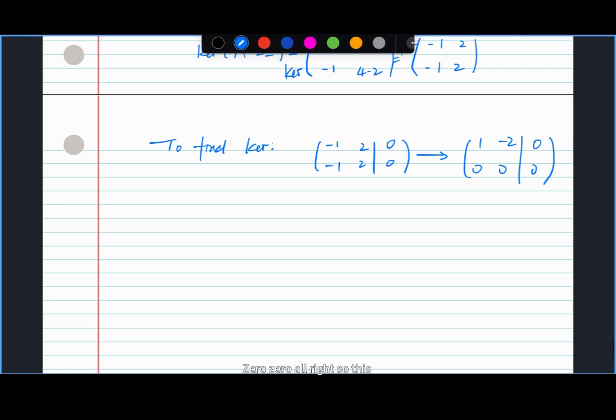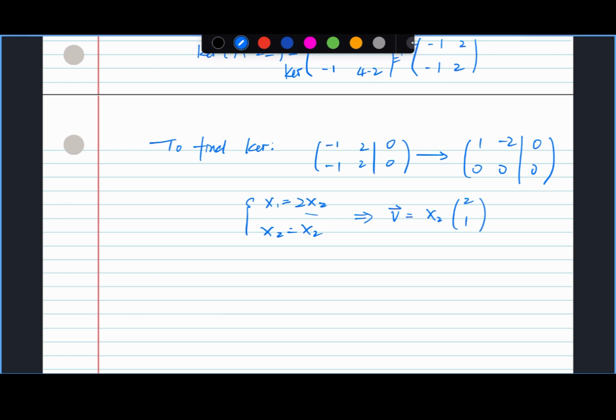So this tells us we have two variables. The first one, x1 equals 2x2, and x2 equals x2. So the solution vector equals x2 multiplied by [2, 1].